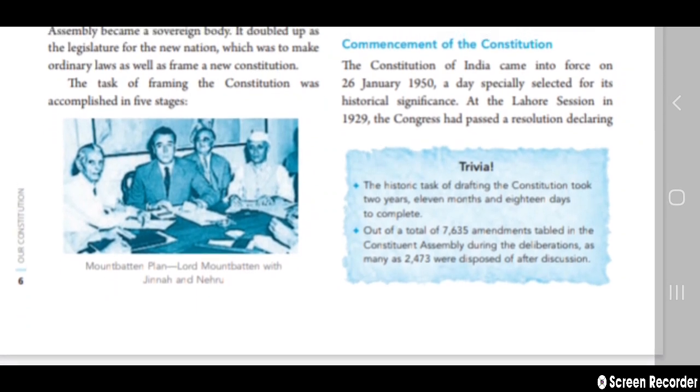Next, commencement of the constitution. The Constitution of India came into force on 26 January 1950. This day was specially selected for its historical significance.